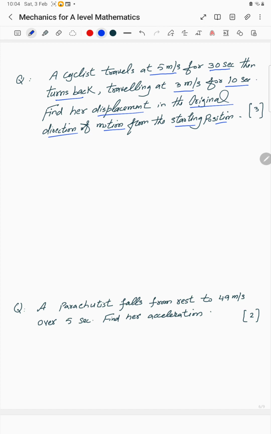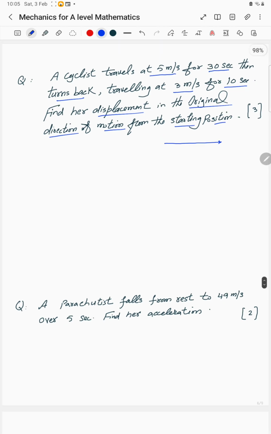A simple case study, it is based on two parts. One in one direction, when it is moving with speed v is 5 meters per second. It takes t is 30 seconds from say A to B, right?